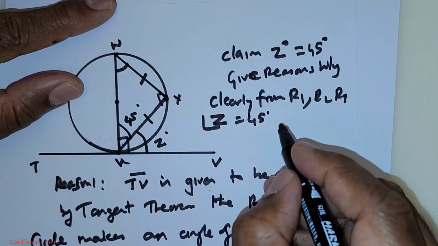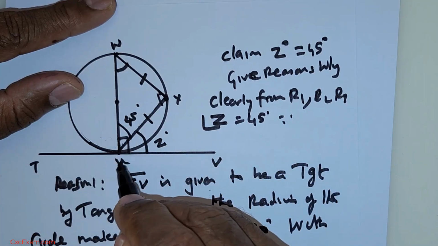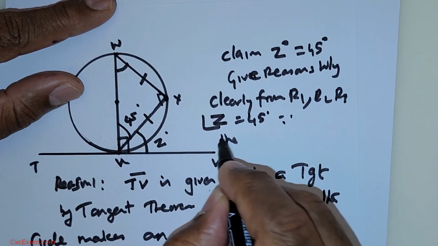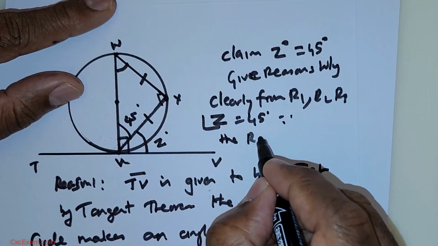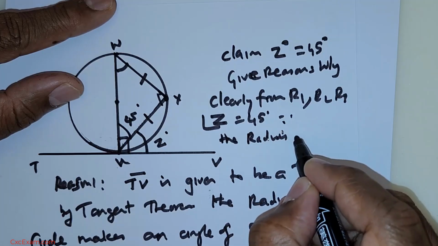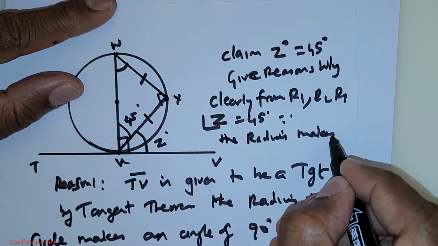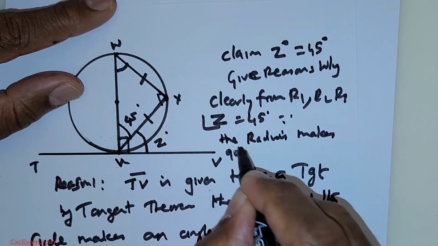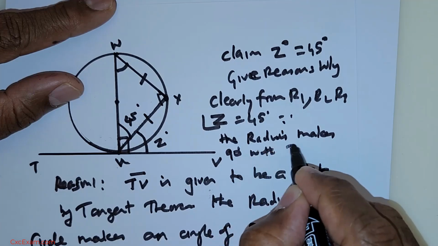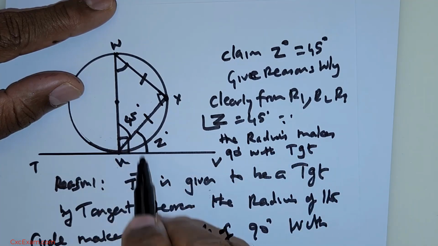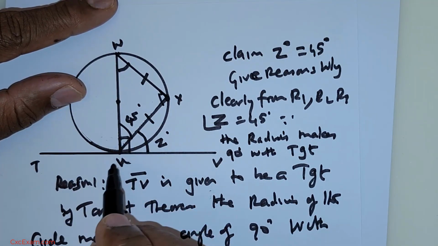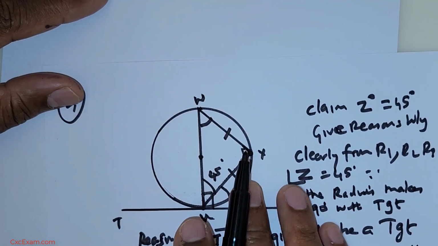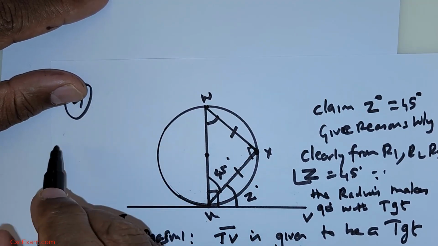Why? Since the radius makes 90 degrees with the tangent, this entire angle is 90 degrees.